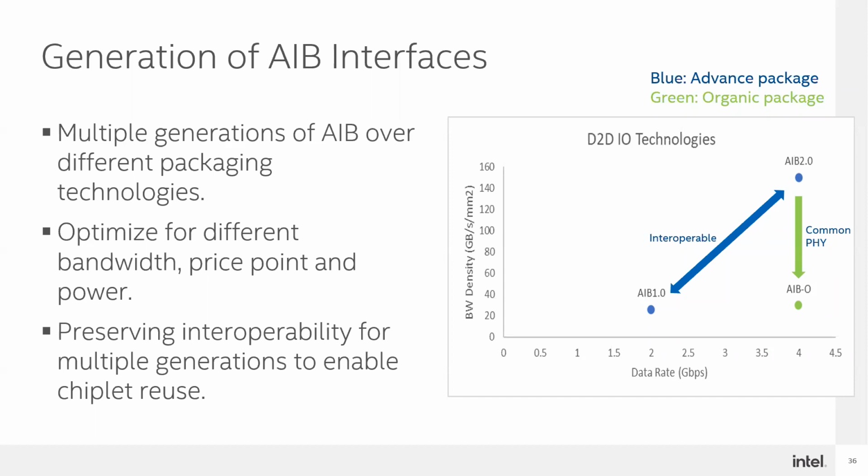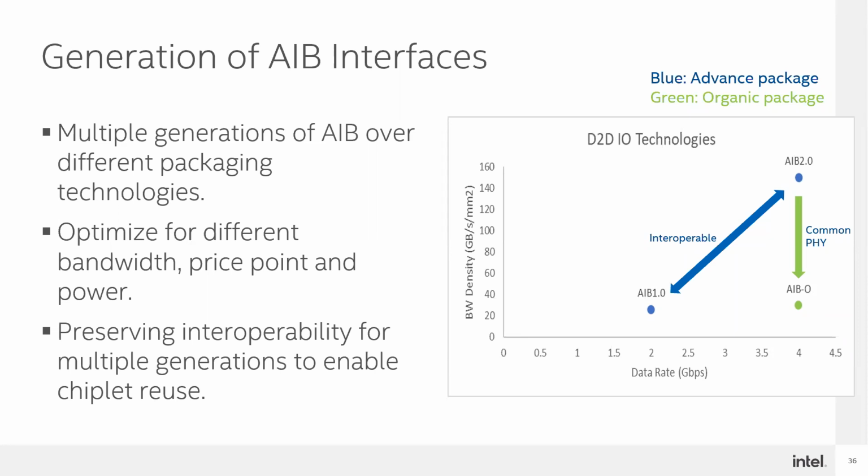But certainly there are a lot of applications that don't need all the bandwidth density that AIB 2.0 provides. So AIB-O does provide an interesting solution with certain bandwidth, price point, power, as well as the ease of manufacturing, right? A lot of the vendors out there have the capability to manufacture organic substrate, and this technology has matured over the past 3 decades.